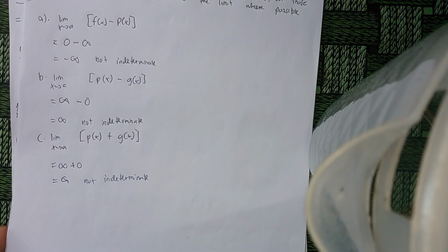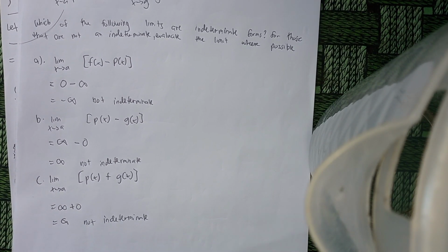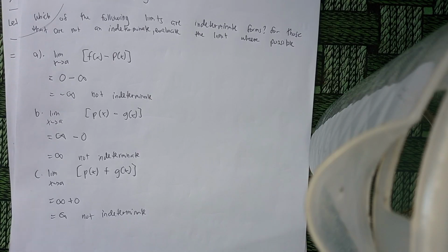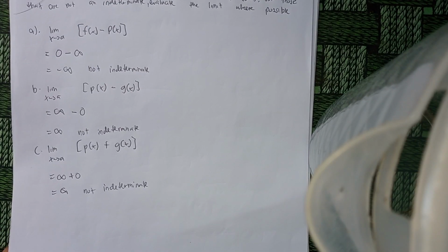We can say that the answer is indeterminate if the result is something like 0 over 0, or infinity minus infinity. That is an indeterminate form. So in this case, all of the answers are not indeterminate. So that's all.